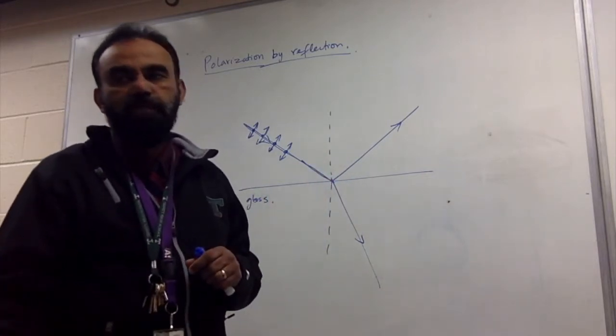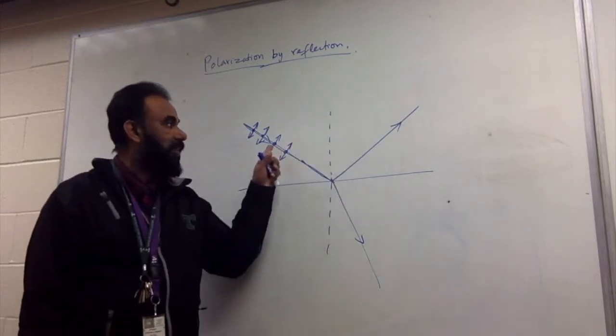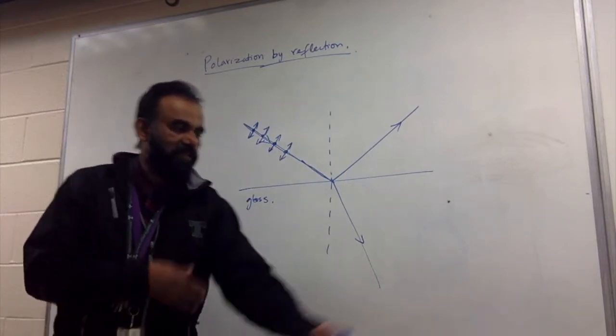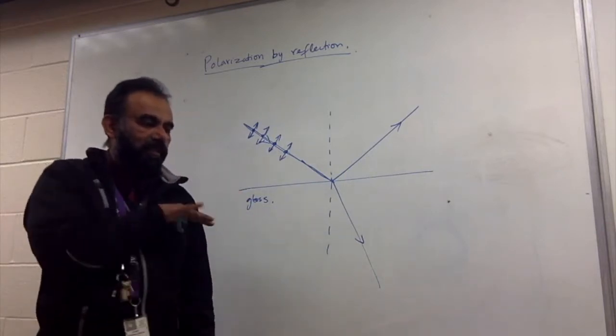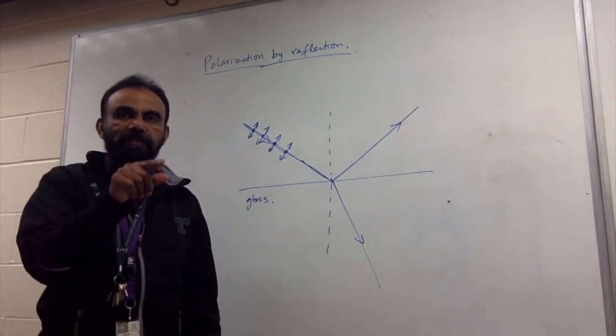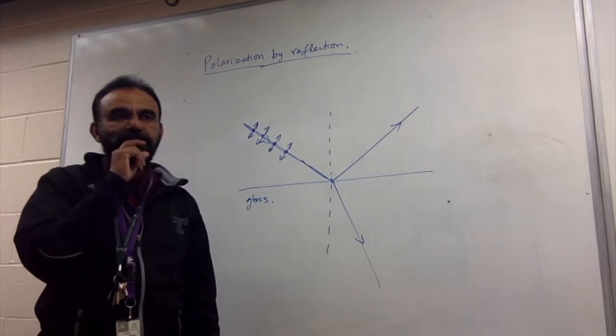Tell me which one has a greater chance of getting reflected, the vertical or the horizontal? Think of, okay, that's glass, that's the vertical, that's the horizontal. Horizontal. That's right.